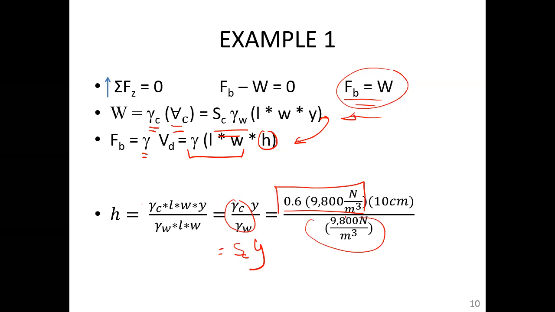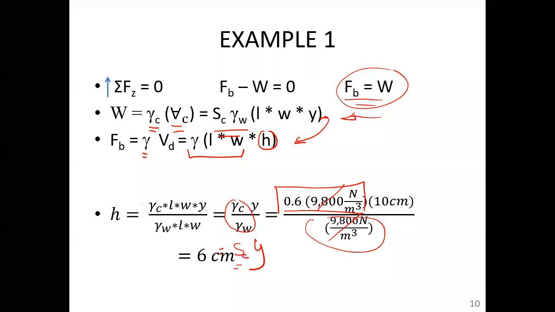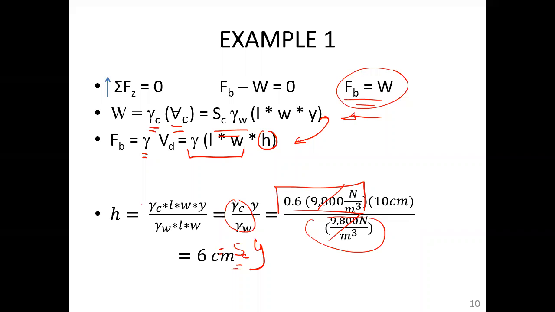That's the specific weight of water. And then 10 centimeters is the total height. As you can see, if we just use the fundamental definition of specific gravity, the specific weight of water would have canceled out and you get the same result. So in this case, 0.6, which is the specific gravity, times the height of the cube, 10 centimeters, is 6 centimeters. So this cube would have 4 centimeters above the water, 6 centimeters below the water.